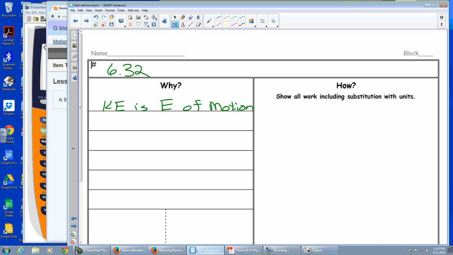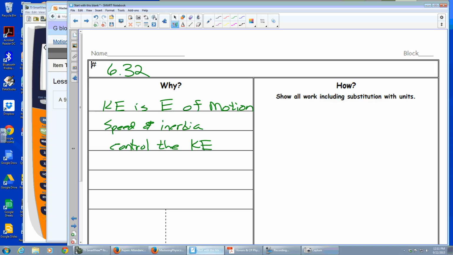What contributes to the kinetic energy? Inertia and speed, exactly, because inertia is how much it doesn't want to move, and speed is how much it's moving. So I would put in here that both speed and inertia control the kinetic energy.